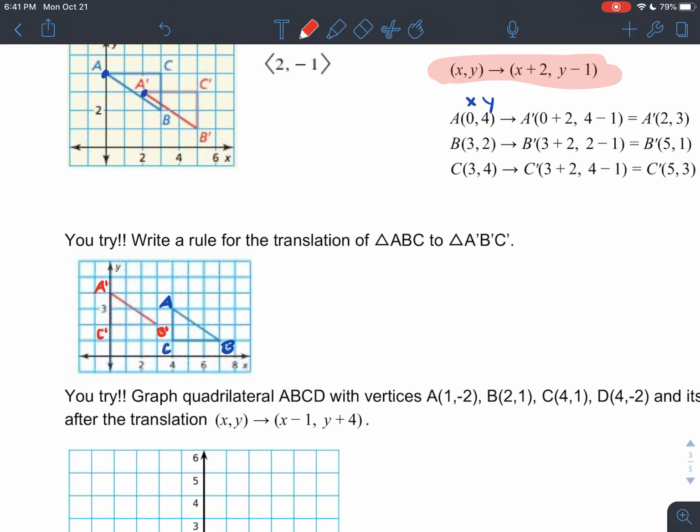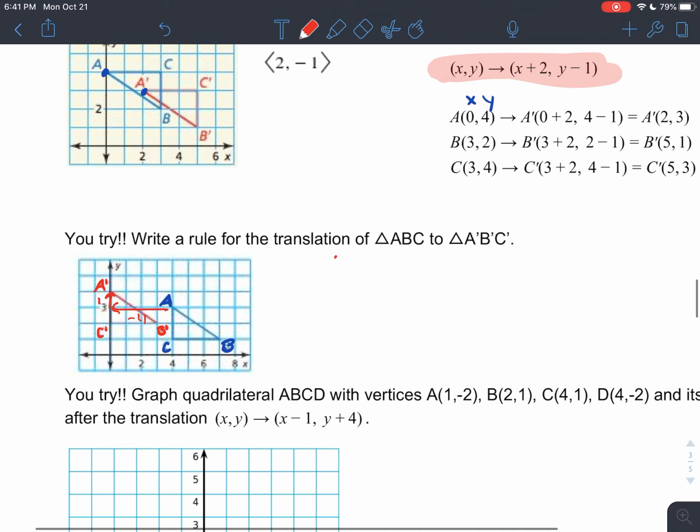So to get from A to A prime, you're going to go left 4 and up 1. So negative 4, up 1. So if we're writing a translation rule instead of the vector notation, (x, y) maps to x plus a, where a is our horizontal, so plus negative 4.